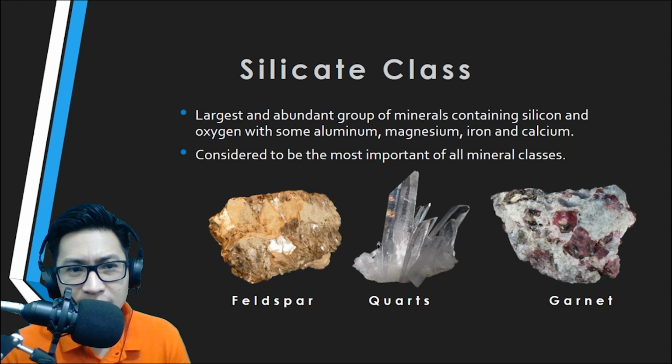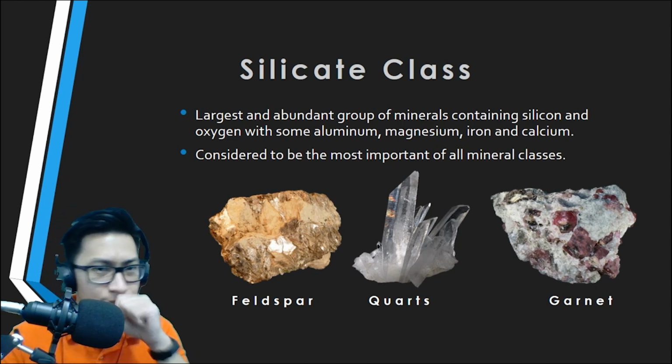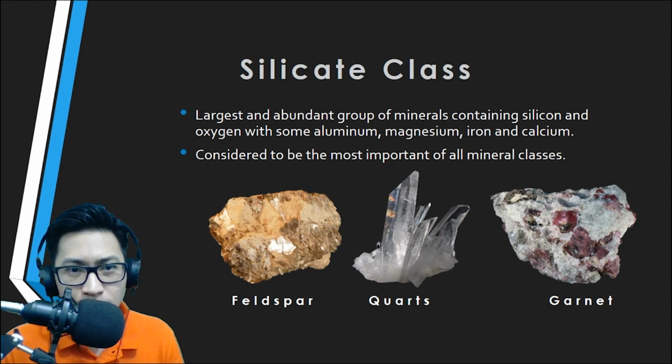When we say silicate class, they are the largest and most abundant group of minerals that contain silicon and oxygen with some aluminum, magnesium, iron, and calcium. So, a silicate class must contain silicon and oxygen atoms plus other elements such as aluminum, magnesium, iron, and calcium.